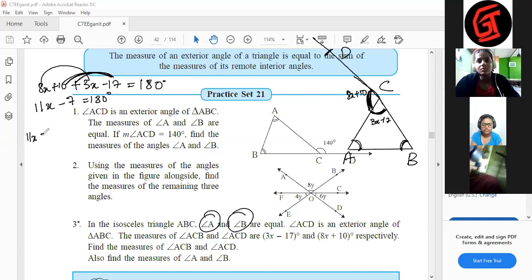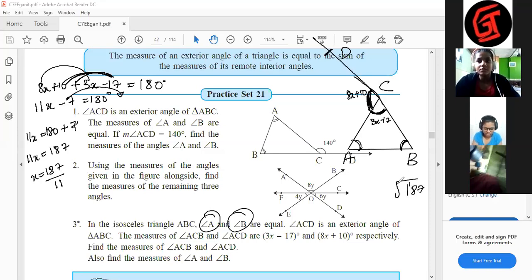So 11x is equal to 180 plus 7. Minus 7 comes here as plus 7. So 11x is equal to 180 plus 7, which is 187. So x is equal to 187 upon 11. Do 187 divided by 11. What is the answer?